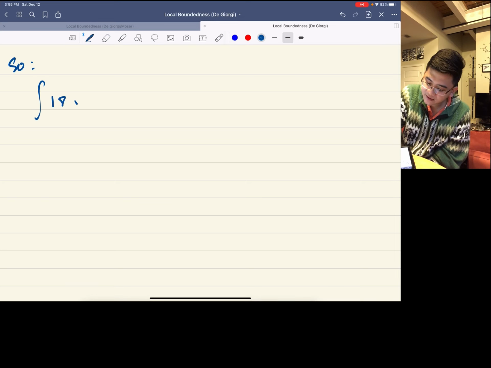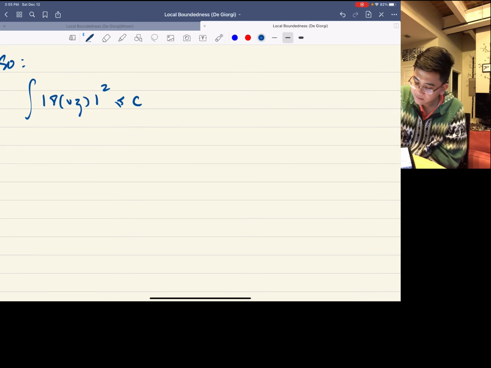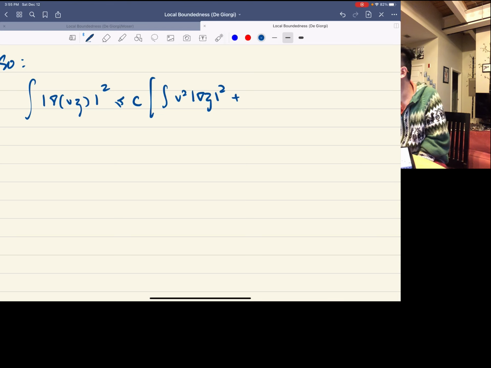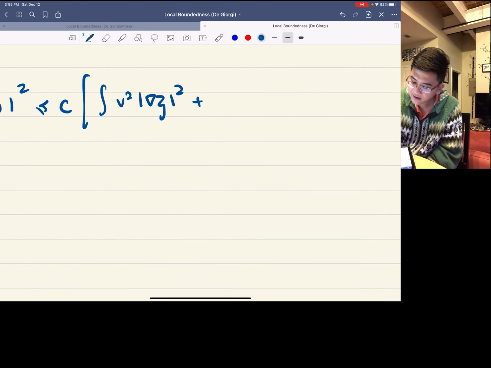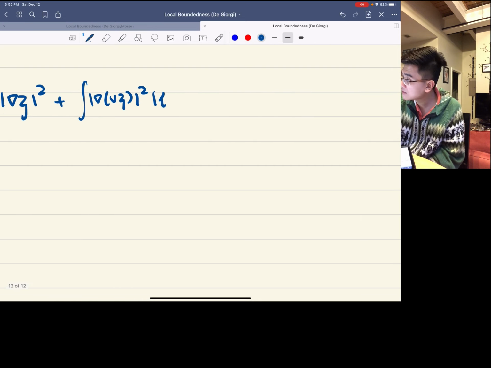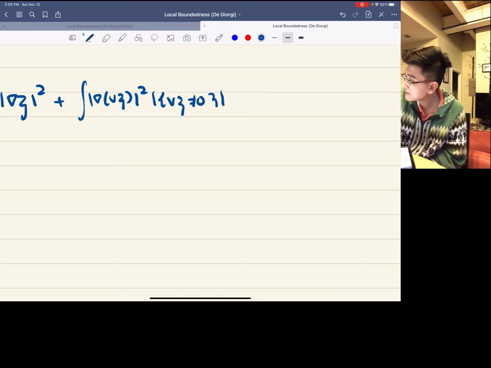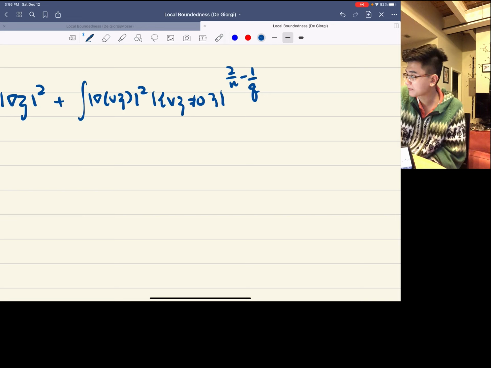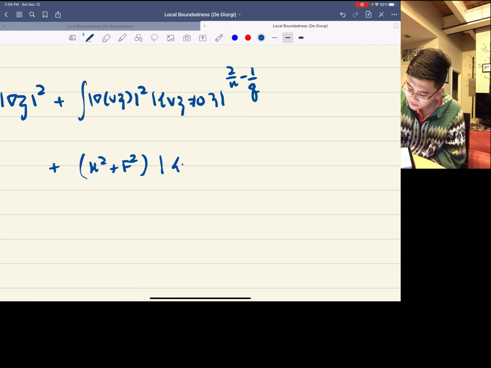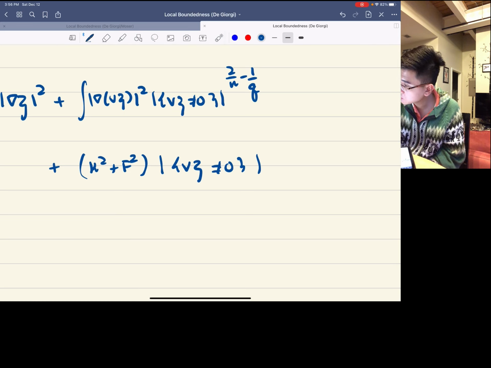the integral of grad v zeta squared is less than or equal to c times the integral of v squared grad zeta squared, plus the integral of grad of v zeta squared times the measure of v zeta not 0 raised to 2 over n minus 1 over q, plus k squared plus f squared times the measure of v zeta not 0 raised to 1 minus 1 over q.